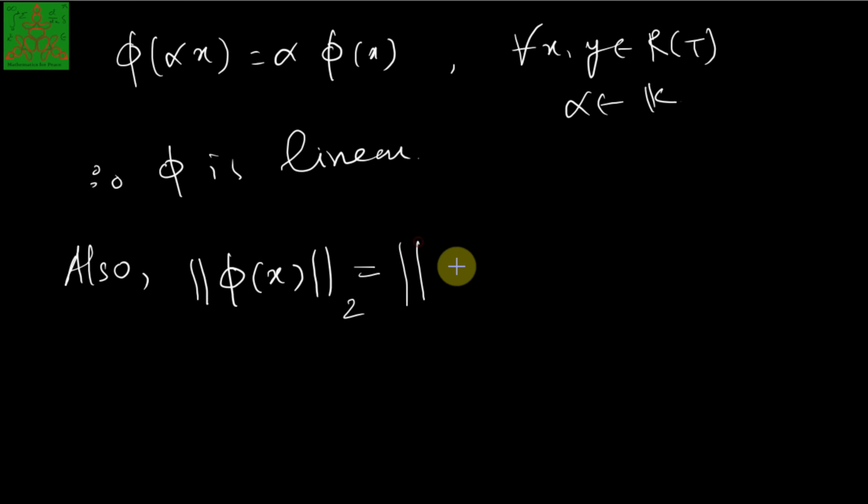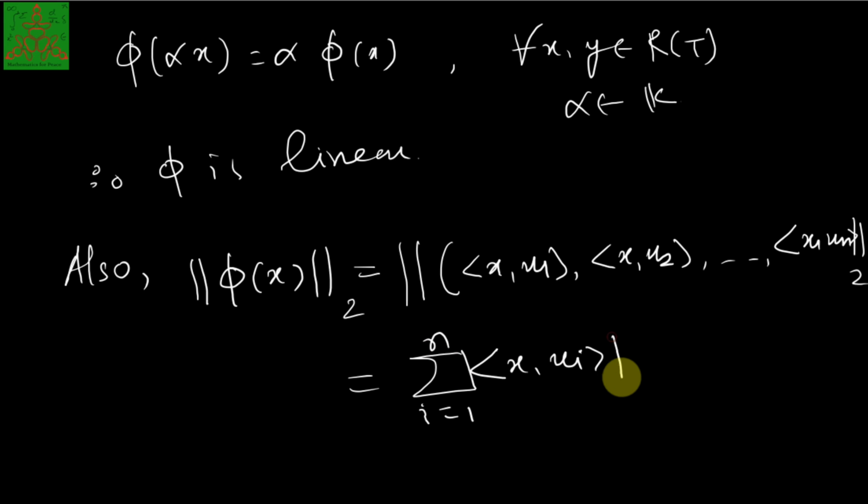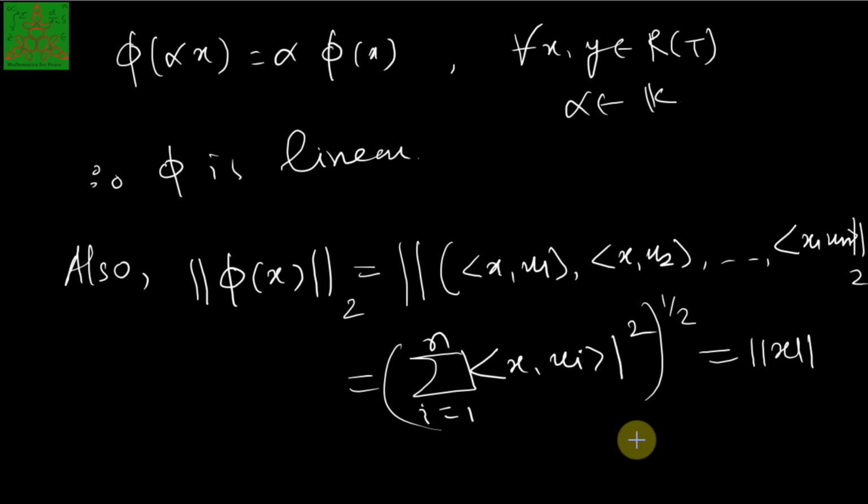It is the 2 norm of that vector which we have: x u1, x u2, and so on up to x un, and it is summation i running from 1 to n, mod of x ui whole raised to 1 by 2. You can observe that this quantity is nothing but the norm of x. Hence, this phi is also an isometry.